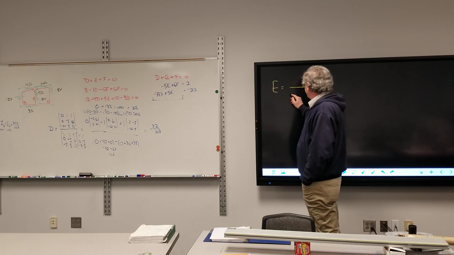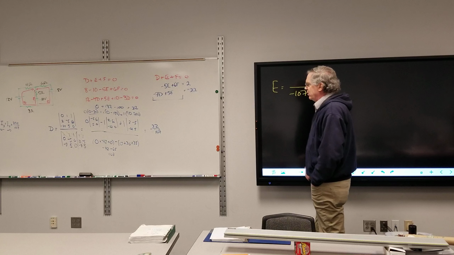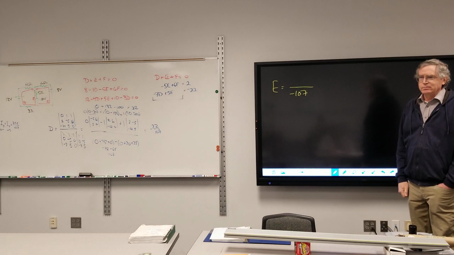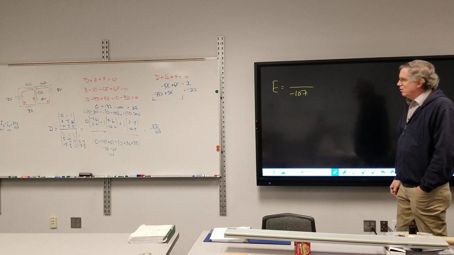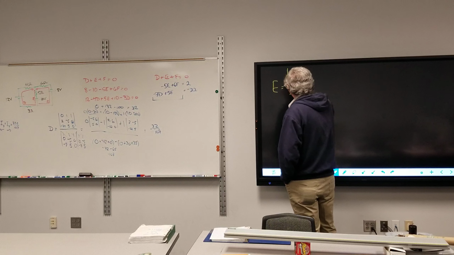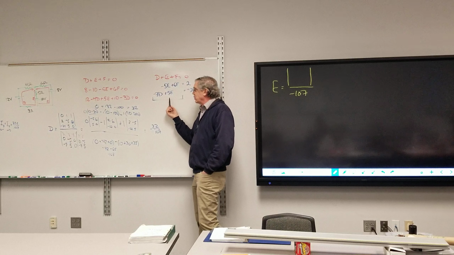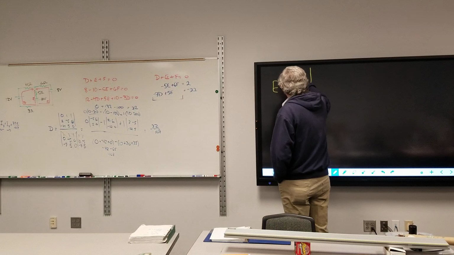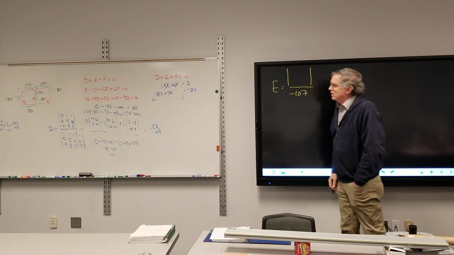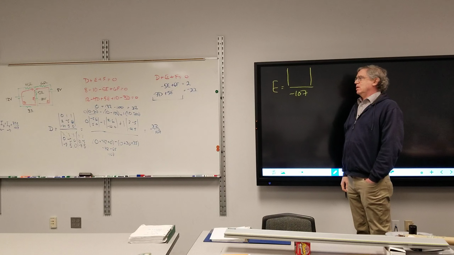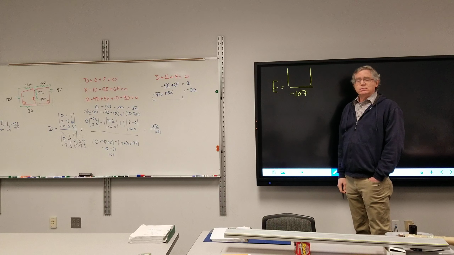I know the denominator. It's going to be -107. For the numerator, we're now trying to solve for what's listed as the second variable, so we replace that second column. So what is my array going to look like?